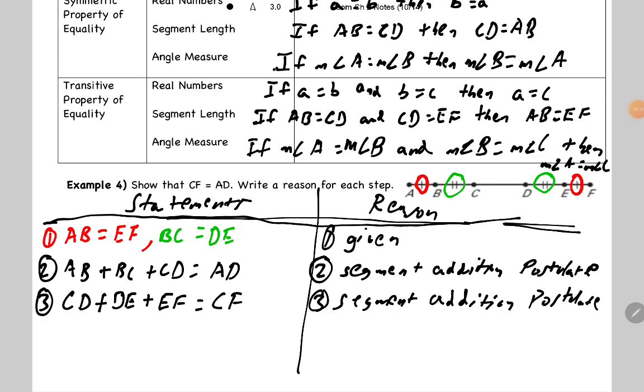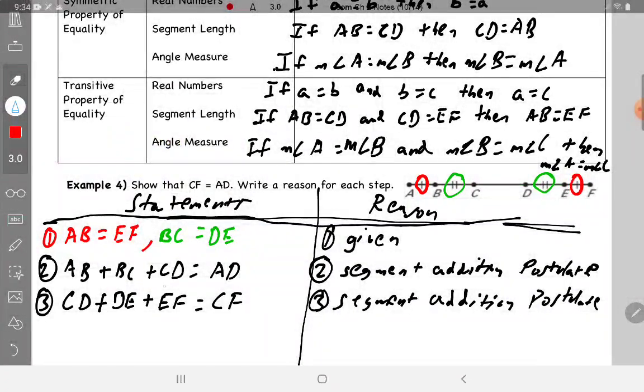So usually when we get stuck like this, we always go back to what they gave us. They tell us that AB is equal to EF and BC equals DE. If I look at these equations carefully, I'm actually going to use substitution because they tell us that AB equals EF.